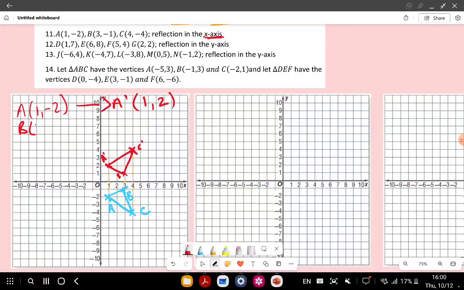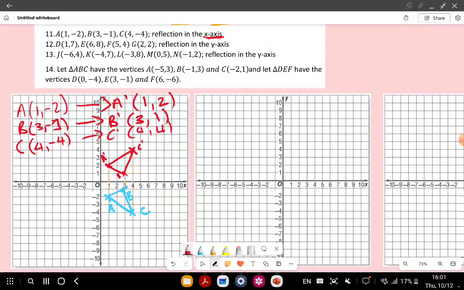B is 3, negative 1. So this becomes B1 as 3, positive 1. And C is 4, negative 4. So C1 becomes 4, positive 4. And that is question number 11.